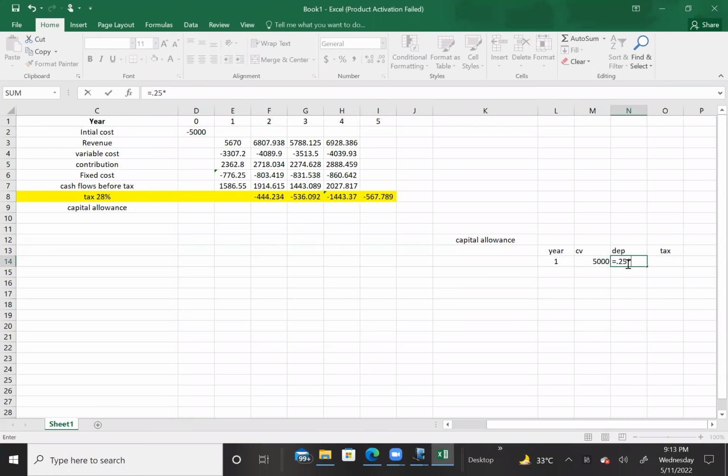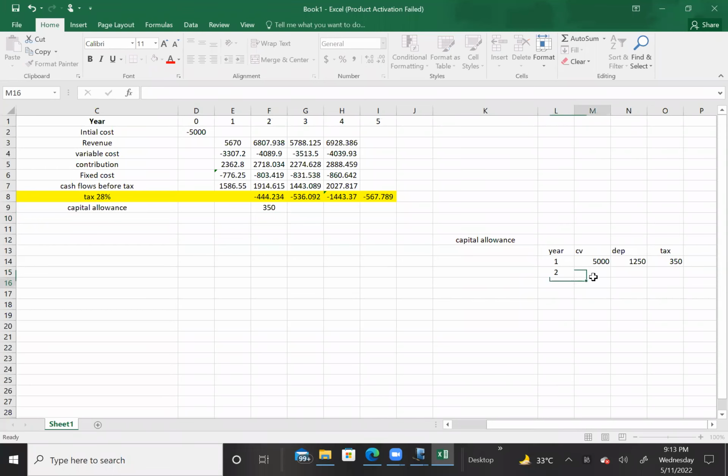The tax rate is 28%. So 350 is the capital allowance of year 1 and this relief will be taken in year 2. So 350 will be taken in year 2.